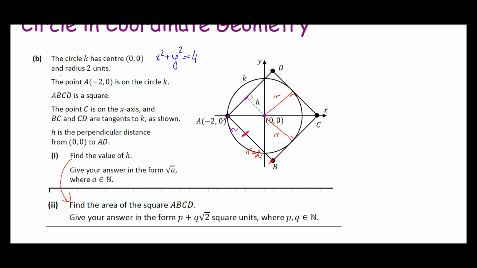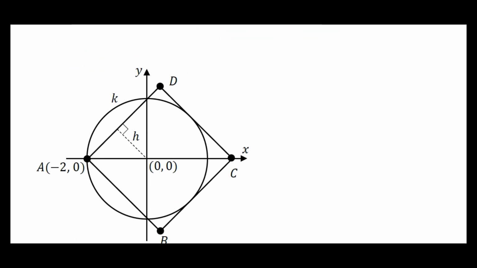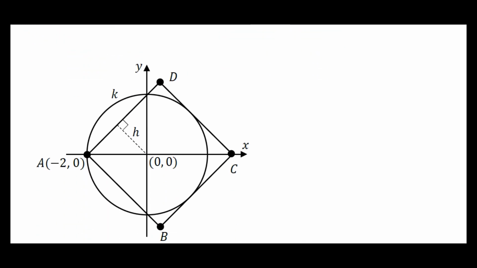Very difficult not to see a triangle here, isn't it? Let me show you that here. Look at that. This is radius and this is radius, so let's consider this triangle. If both of these are radii of 2, then what kind of triangle is that? Isosceles. So what does that mean?